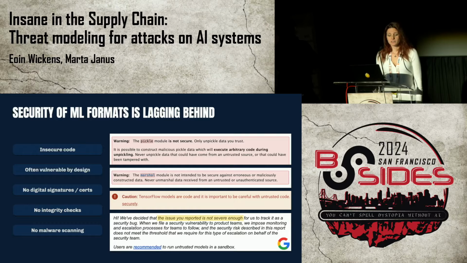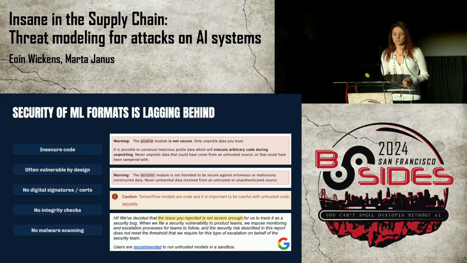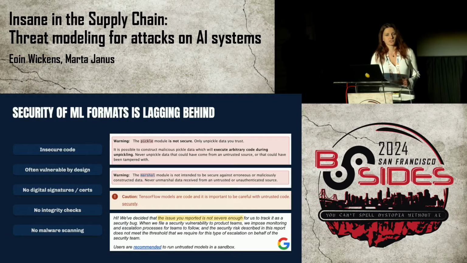Another big issue here is that we don't really think of machine learning models in the timeframes of software. For traditional software, we have all those security measures that we came up with many years ago, like digital signatures to prove that the software comes from the source that we think it comes from, and integrity checks, even simple things like hash sums.